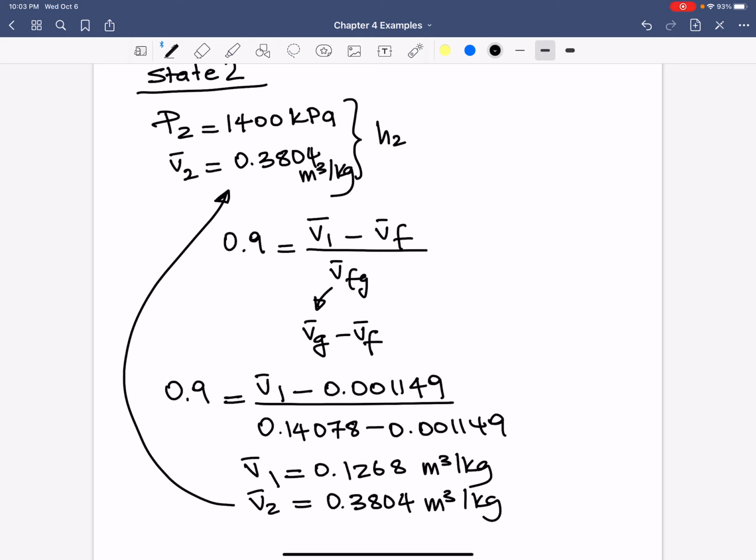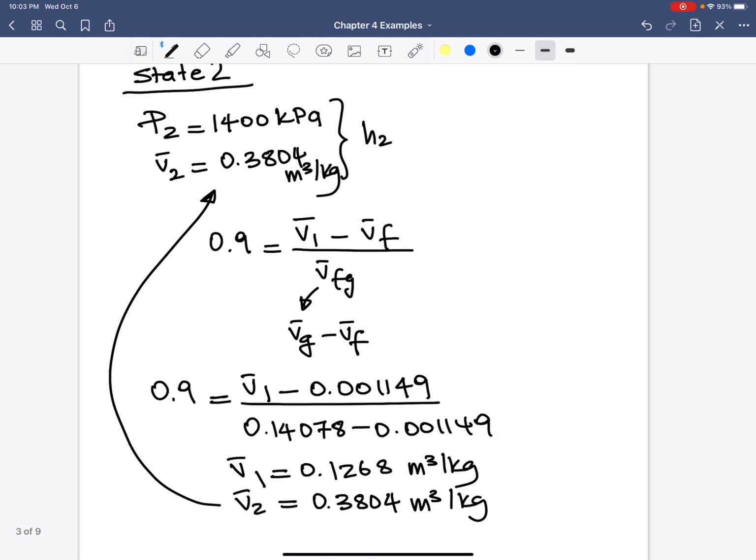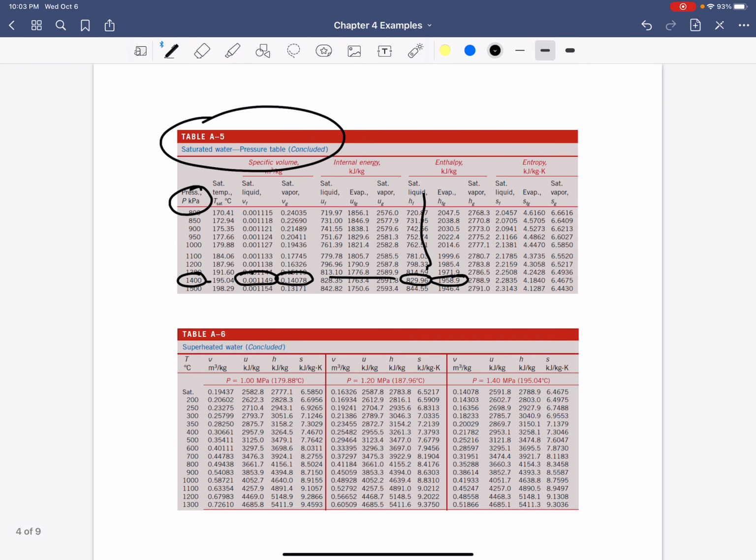But to be able to do that, first you need to figure out which tables to look at. So again, always start with the saturation tables and see at 400 kilopascal what Vg and Vf are, and compare your number with Vf and Vg. If you do that, you will see that your specific volume is 0.3804, which is bigger than Vg.